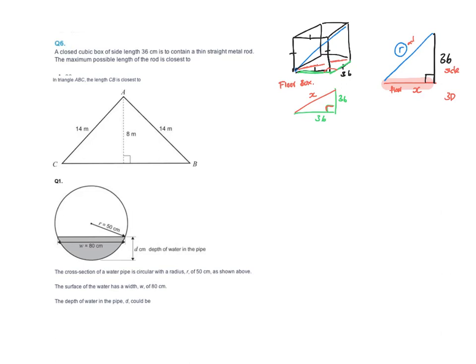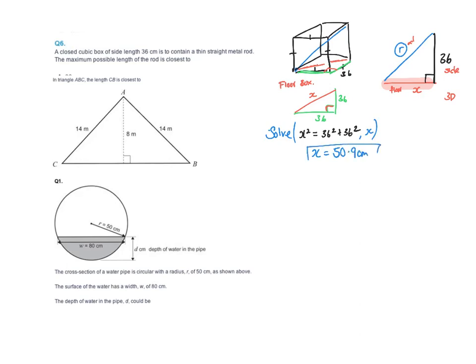So you can use Pythagoras to find out what X is. X squared equals 36 squared plus 36 squared. And we might use solve, comma X, and we're going to work out what X is. Okay, so we get 50.9 centimeters.